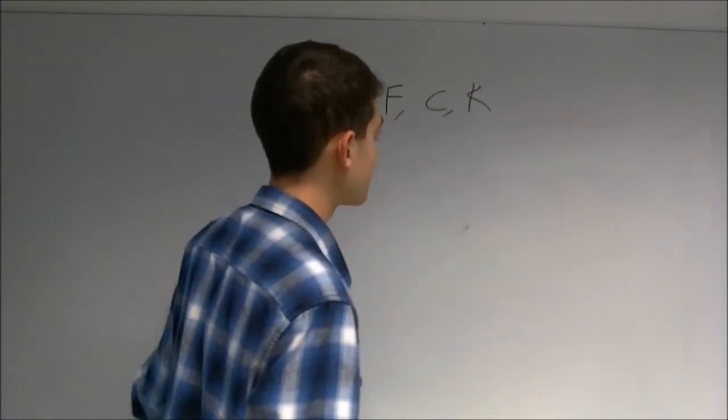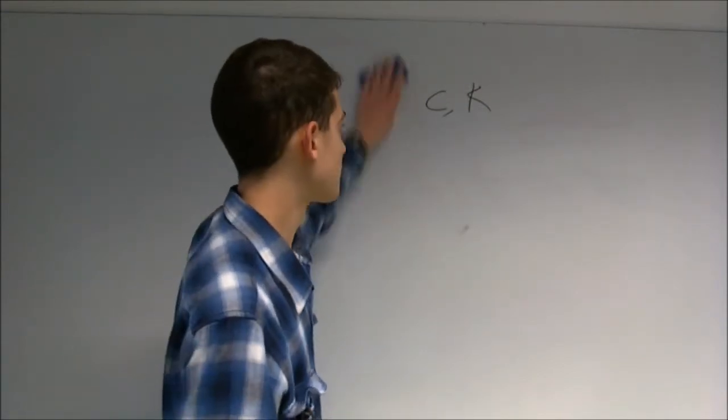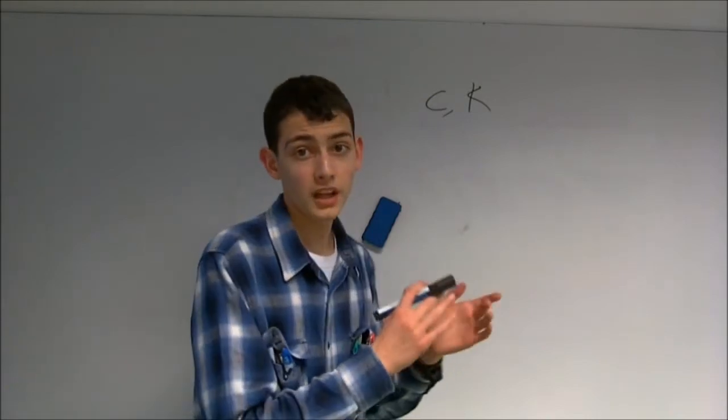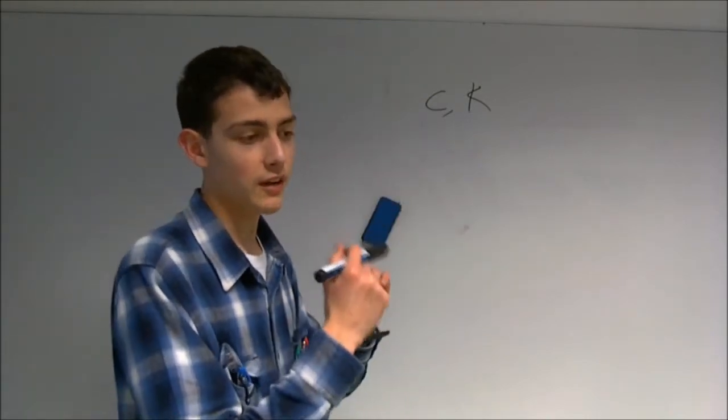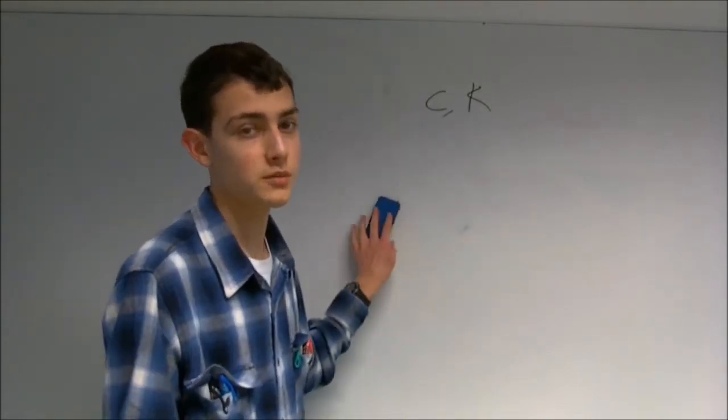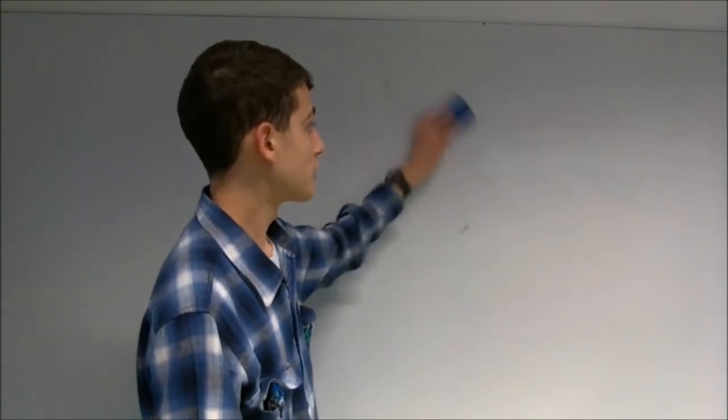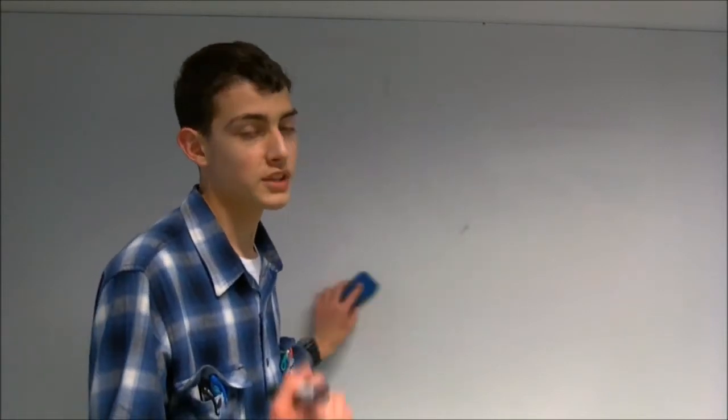Fahrenheit's weird, so let's get rid of that. Celsius and Kelvin have the same interval of temperature change between them. So a 1 degree Celsius change in temperature is the same as a 1 Kelvin change in temperature.